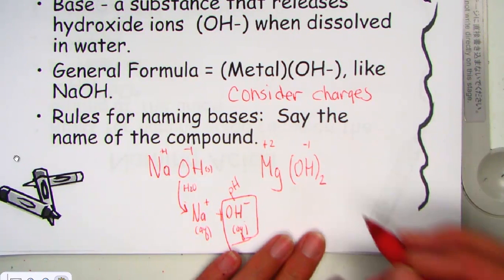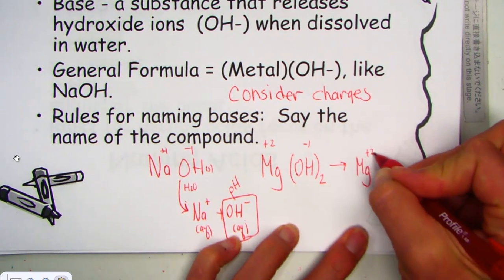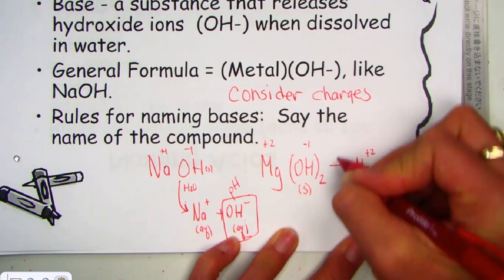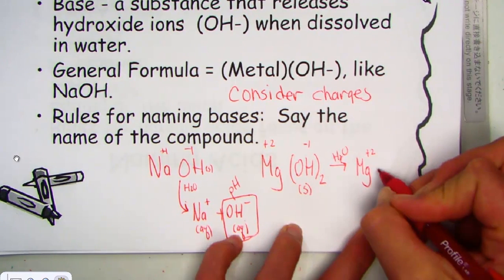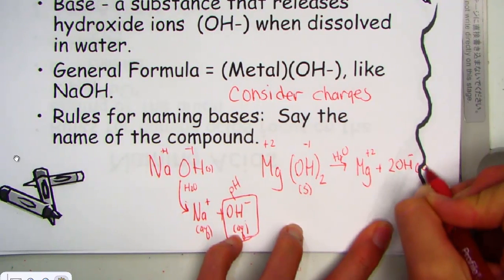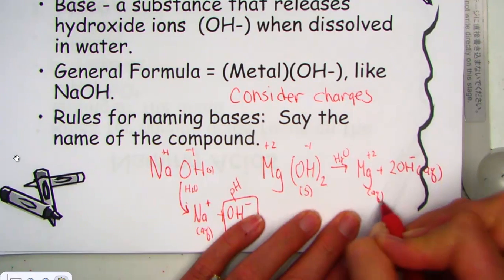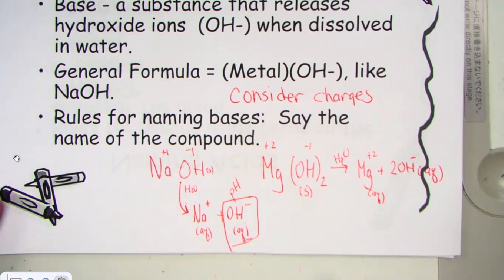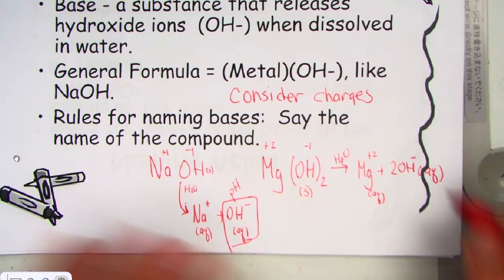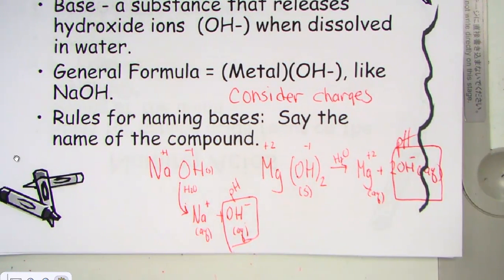And just to show this guy as well, magnesium hydroxide, and again this starts as a solid, we place it into water and it dissociates. Notice that we would get one magnesium ion, but we would release two hydroxide ions, that 1:2 ratio. And this right here is what we measure on a pH scale.